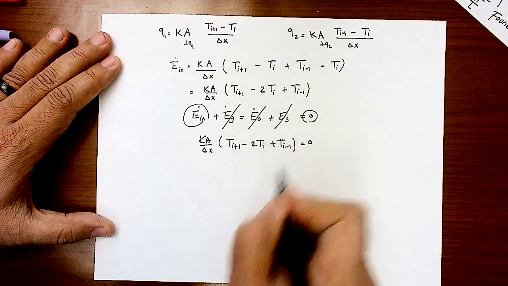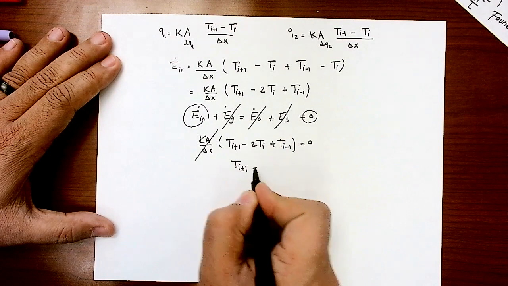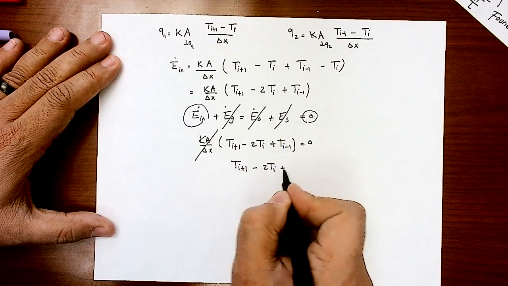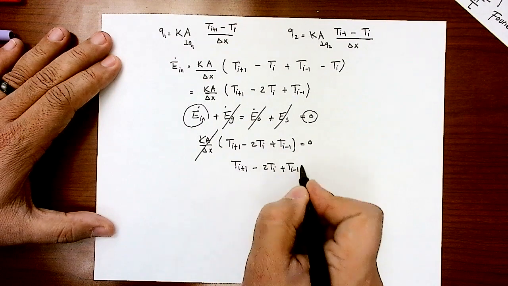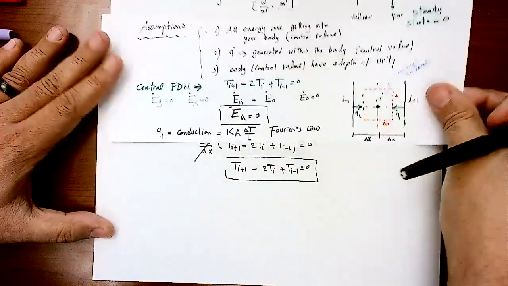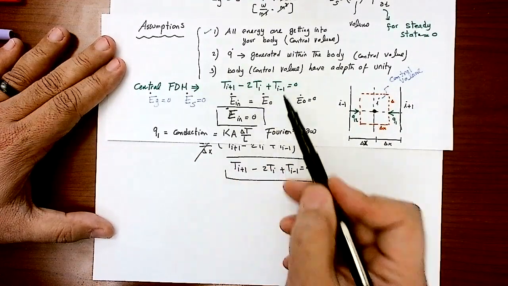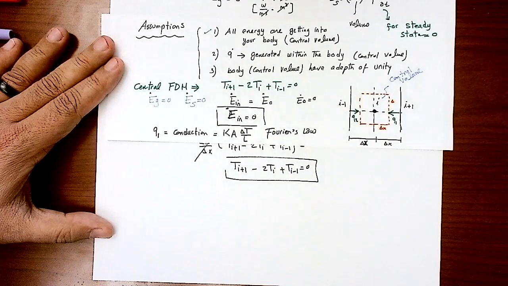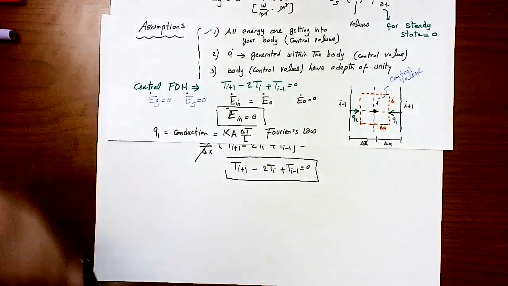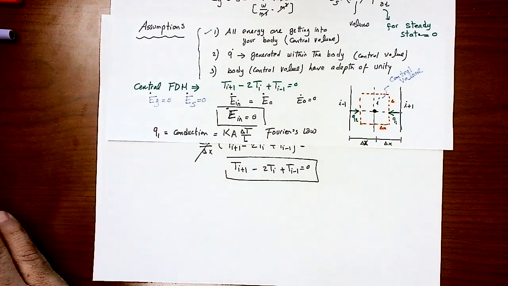It's equal to 0. You cancel out this term. I'm going to end up having Ti plus 1 minus 2 Ti plus Ti minus 1 equals 0. If you look at this equation and the equation generated from the central finite difference method, you got exactly the same results. So this is how we apply the energy balance method, and we got exactly the same nodal temperature.